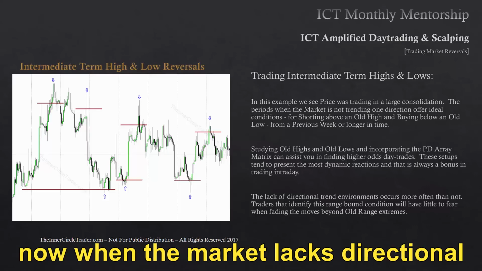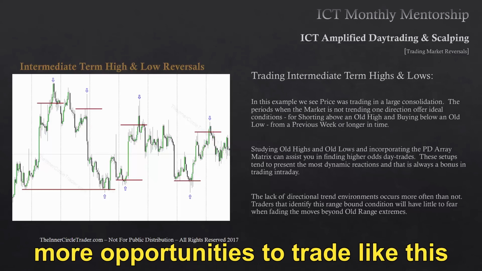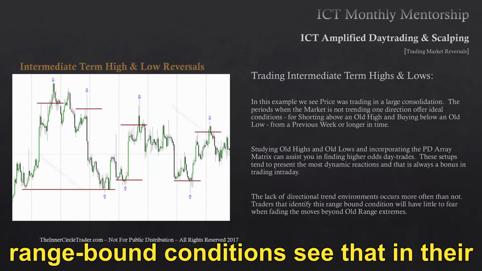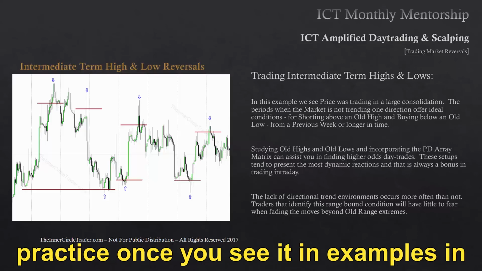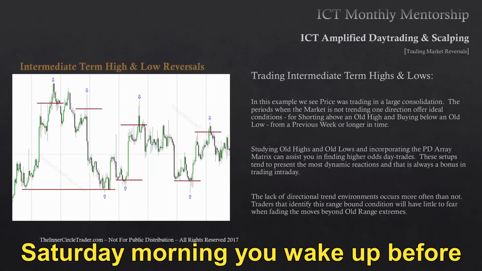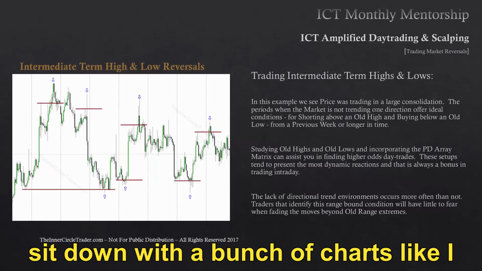Now, when the market lacks directional trend and one-sidedness, those conditions offer more opportunities to trade like this than not. So when traders identify range-bound conditions in their charts, once you do this several times in practice, once you see it in examples from the past, you'll find yourself on a Saturday morning waking up before anybody else gets up in the house and sitting down with a bunch of charts.